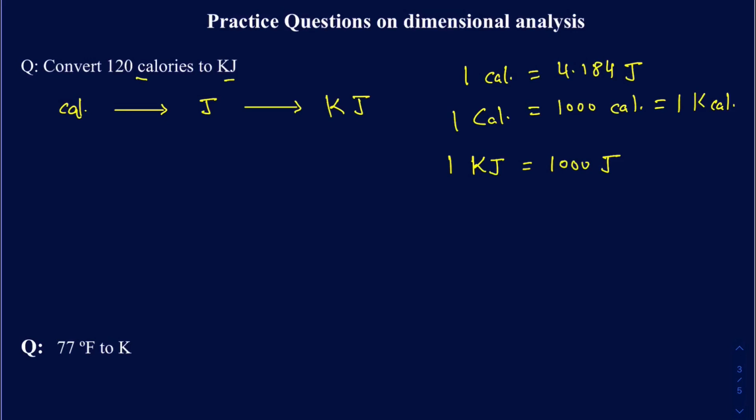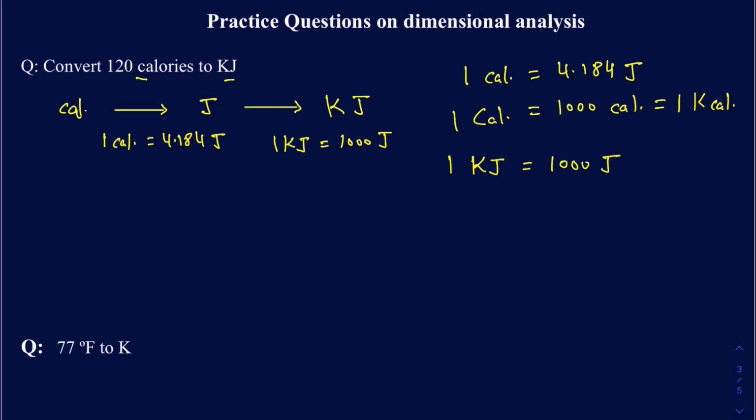When we're converting this calorie to the joules, we want to be using the very first conversion factor that I have written up there, so that's going to be 1 calorie equals 4.184 joules. And when we're converting the joules to kilojoules, we want to be using 1 kilojoule equals 1,000 joules. So those are the two conversion factors you want to be using here to convert this 120 calories to kilojoules.